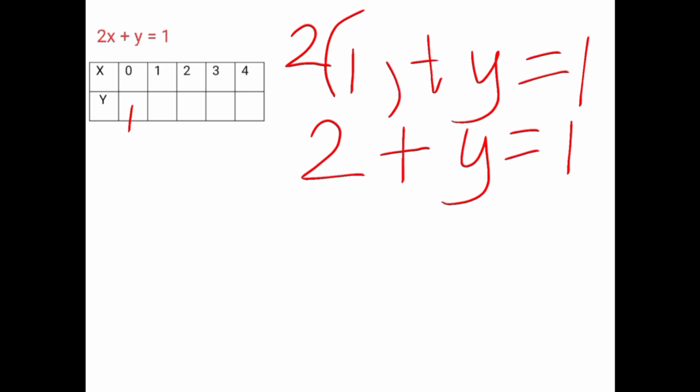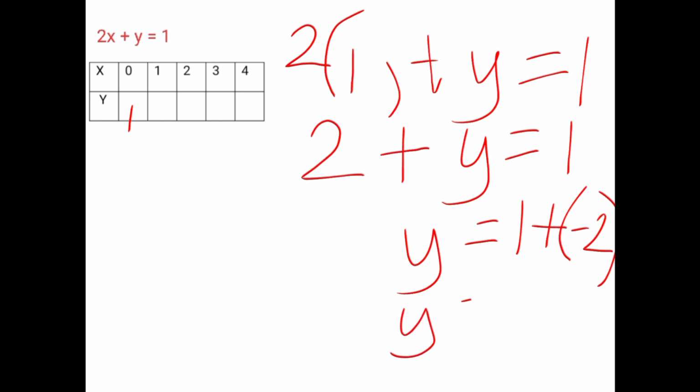Again, by the addition property of equality, we add negative 2 to both sides to eliminate positive 2 on the left side. So it will become y equals 1 plus negative 2. What is 1 plus negative 2, or 1 minus 2? So y is equal to negative 1.